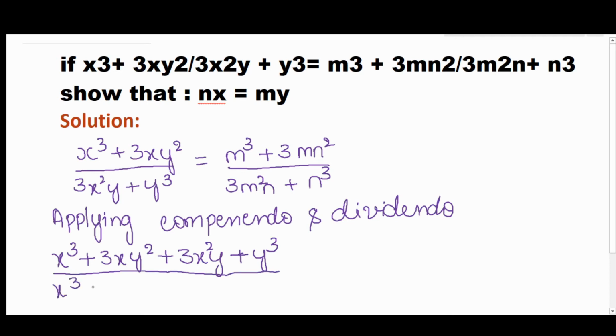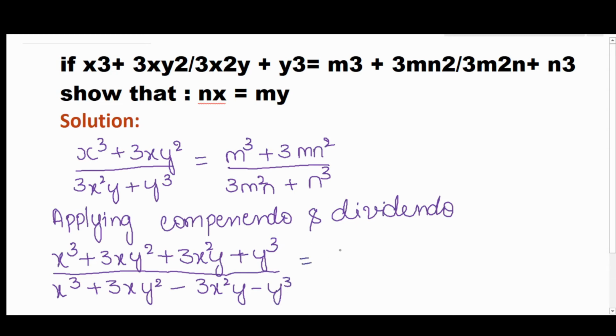Now on applying dividendo, I get x cube plus 3xy square minus 3x square y minus, plus into minuses, minus y cube.